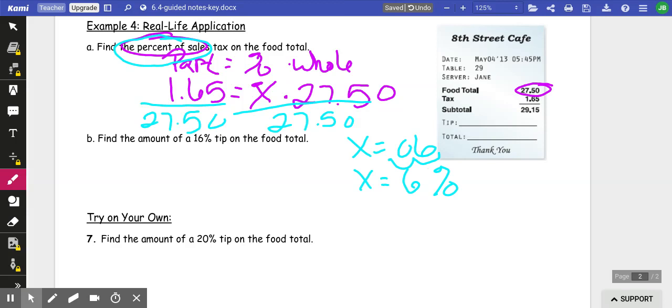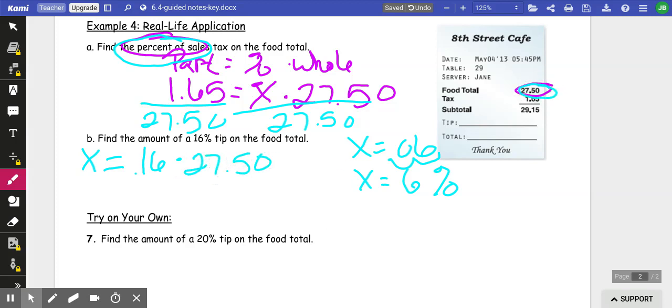Okay, so B says find the amount of a 16% tip on the food total. I'm looking for my portion, that's my X, my part. My percent is 16%. I'm going to turn that into a decimal, so 0.16, times the whole amount of the food, which was $27.50.